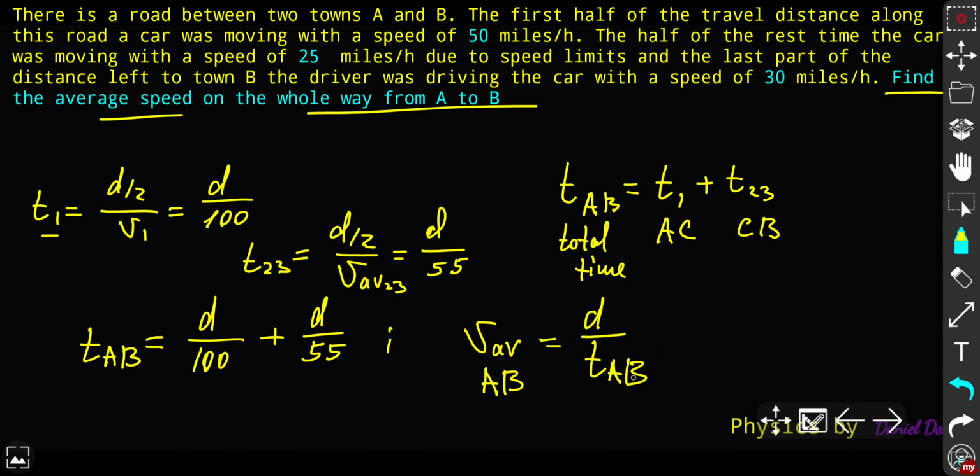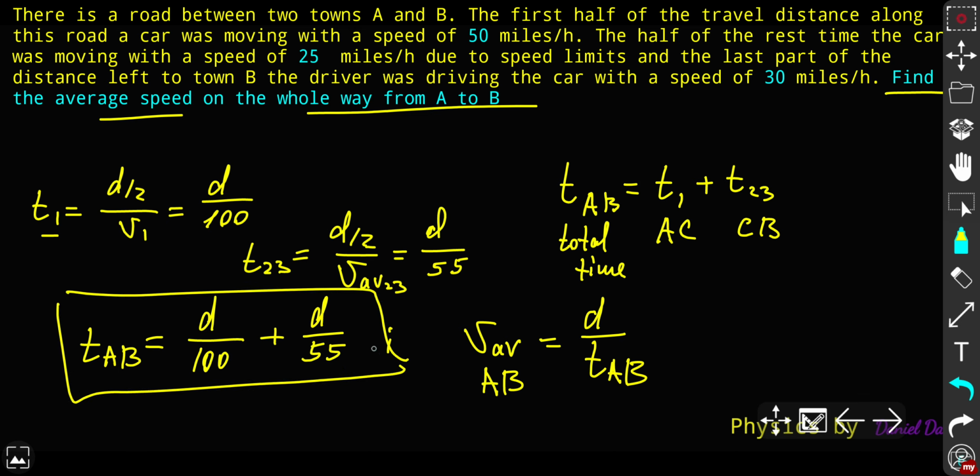Okay, so you need to rearrange this expression in order to get the total distance over time on the interval AB. And if you express that, you can add them up and you'll get 155 d over 55 times 100, and that's going to be equivalent to TAB. If you like, you can cancel the fraction, but you can leave it as it is.